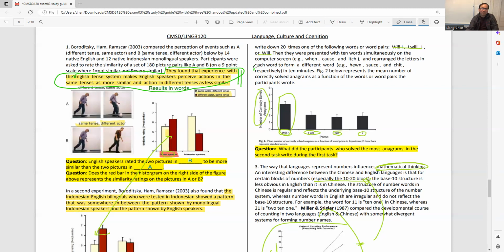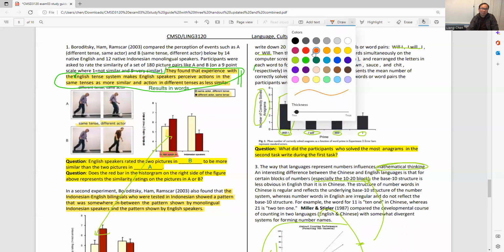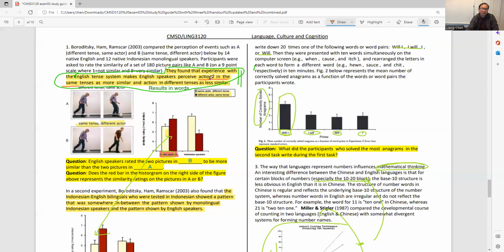So the English tense system makes English speakers rate specific actions in the same tense as more similar and actions in different tenses as less similar. So let's see. Actions in the same tense. What are the actions in the same tense? These are same tense, right?